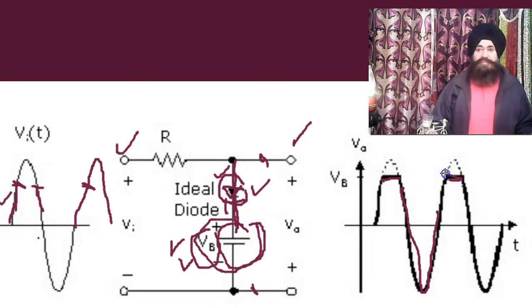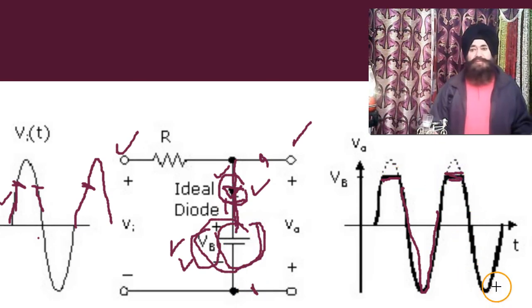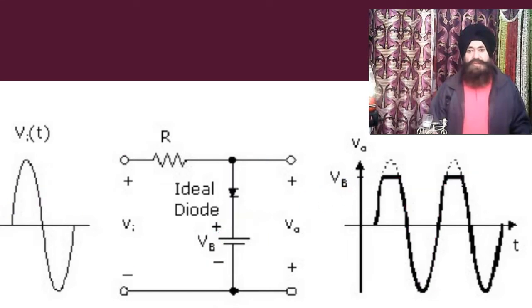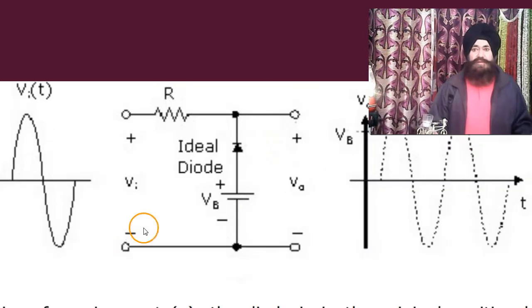So there is again the Vp. This process repeats. So we are getting the clipping, but the reference level becomes this. Now from this level, it is clipped, this part and this part.